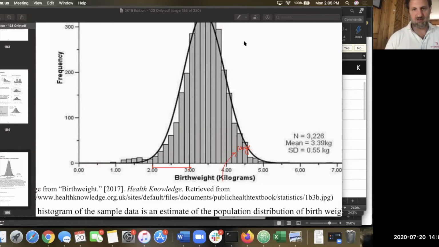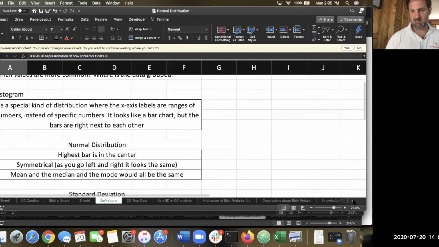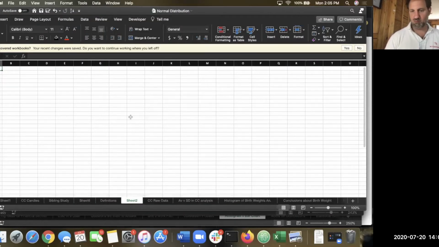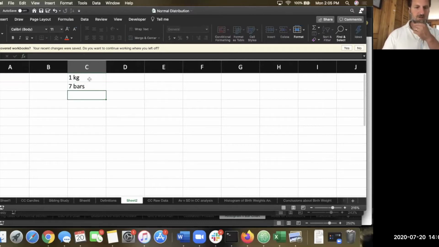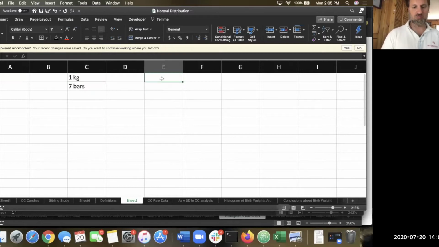And that's where the math comes in. We can think about each bar, and we can look at the range for each bar based on the fact that it's a ratio of 1 kilogram to 7 bars. First I'm going to write that down: 1 kilogram to 7 bars is the ratio. I can interpret that.